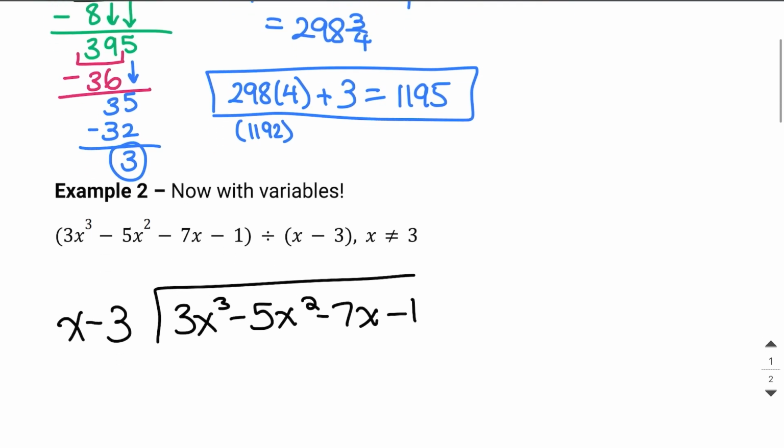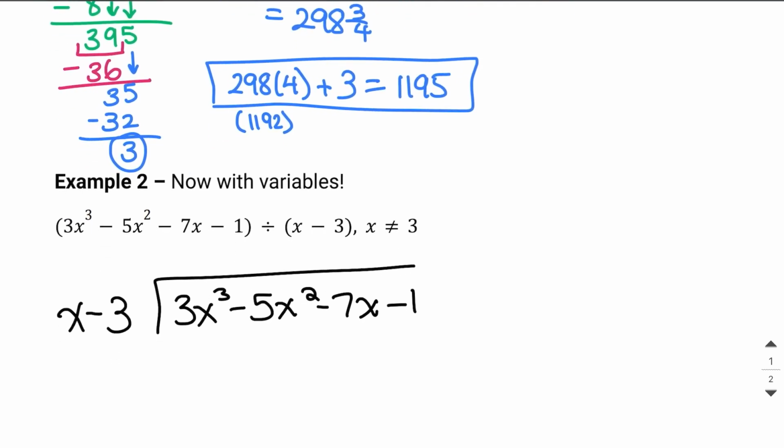What I want you to do though is only focus on this term when we're trying to figure out what's going to go up here. Again, we're only going to focus on this term when we're trying to figure out what the quotient is. It doesn't mean that we're going to ignore the -3. It just means we're going to focus on the x only when we're trying to find the quotient.